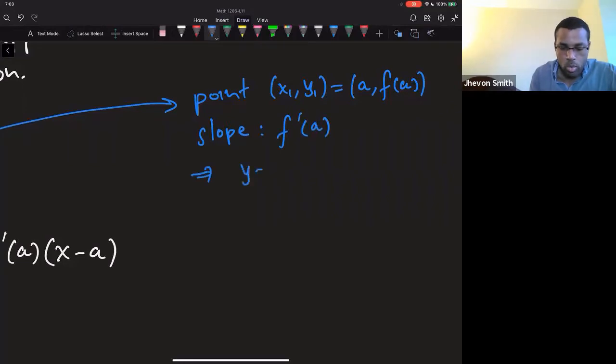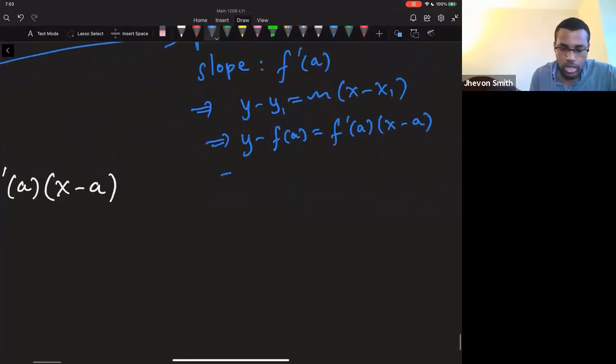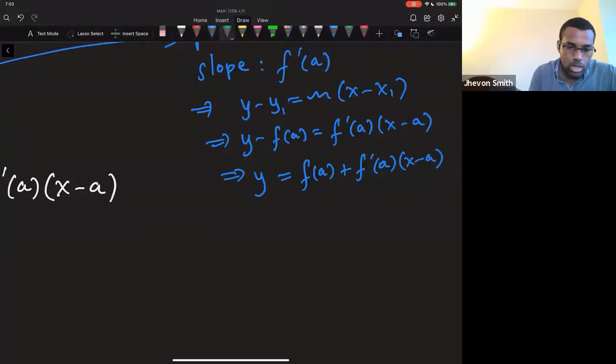So you have y minus y1 equals m times x minus x1. So this is y minus f of a, which is the y value, equals m times x minus a, which is the x value. And then I just move that f of a to the other side. So this gives you the equation of the tangent line at that point.